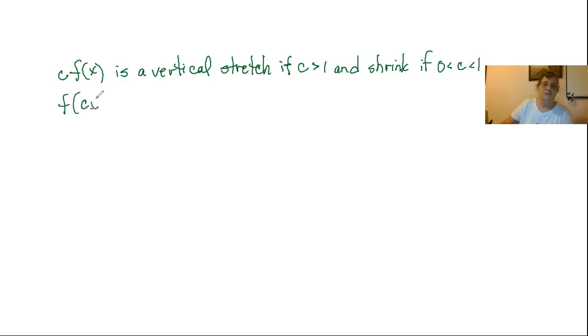F of cx, where we're multiplying the x before we do the main function, that will be a horizontal.